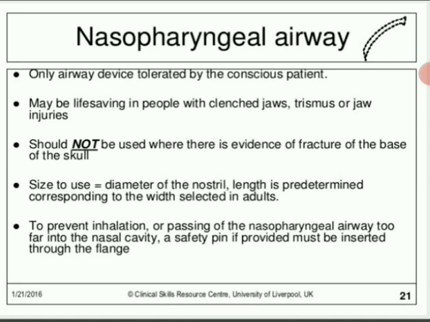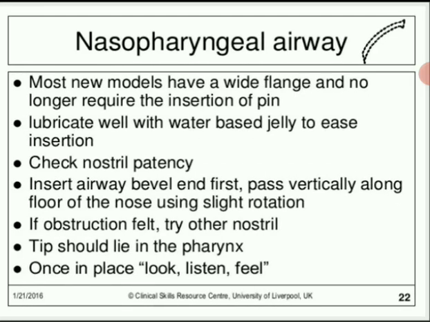For the size to use, we have to check the size of this tube. To prevent inhalation or passing of the nasopharyngeal airway too far into the nasal cavity, a safety pin, if provided, must be inserted through the flange. Some models are there, so we have to check that, and check nostril patency and airway level.